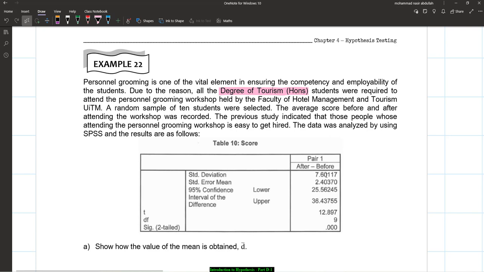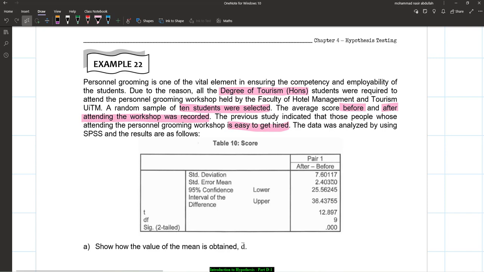A random sample of 10 students was selected. Average scores before and after attending the workshop were recorded. The previous study indicates that those people who attend the personal grooming workshop find it easy to get hired, right?